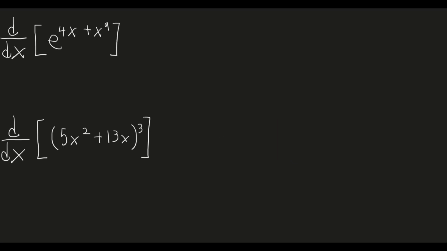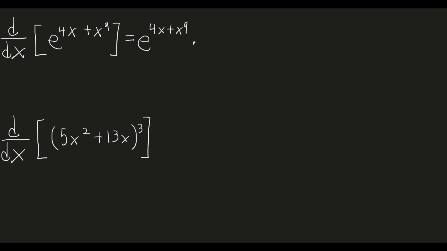Let's take the derivatives of e to the 4x plus x to the 9th and the derivative of 5x squared plus 13x raised to the third power. Starting with the top function, take the derivative of the outside function, which is e, and leave the inside function unchanged.